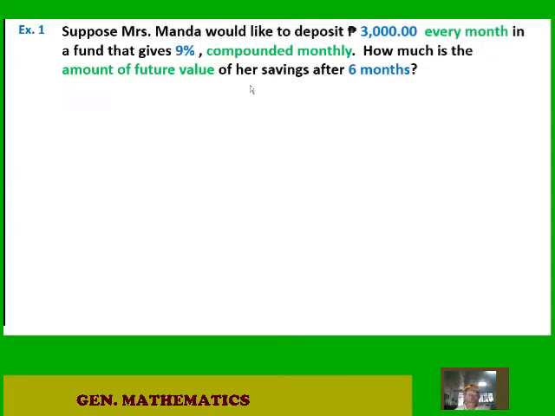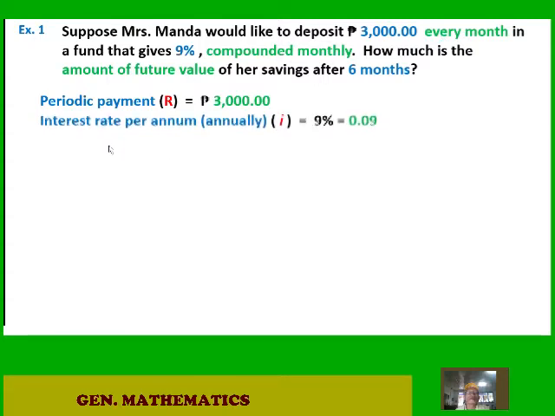Example, suppose Mrs. Manda would like to deposit 3,000 pesos every month in a fund that gives 9% compounded monthly. How much is the amount of future value of her savings after 6 months? So given 3,000 pesos, the periodic payment every month, 9% as the interest rate per annum or nominal rate, 9% in decimal 0.09.